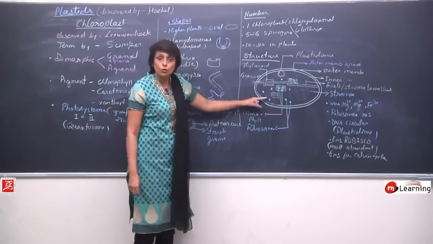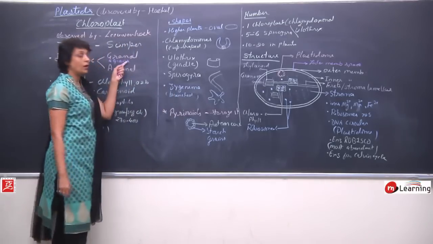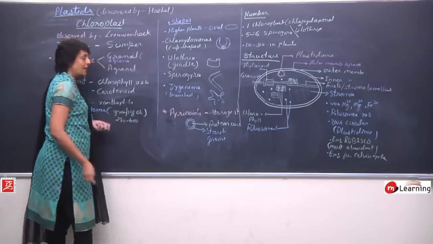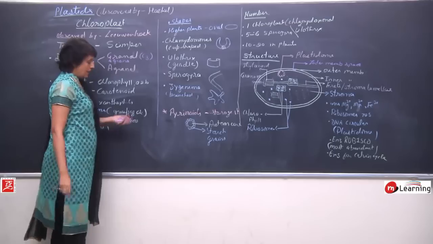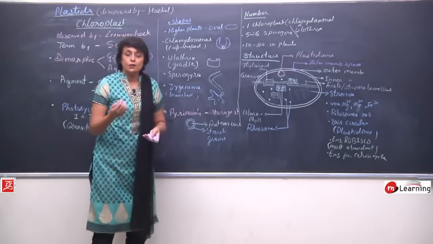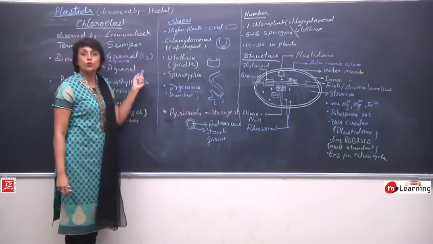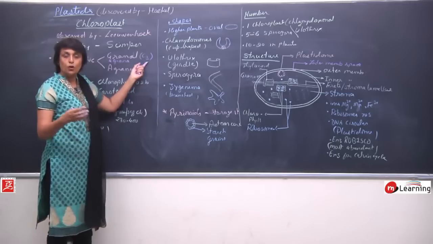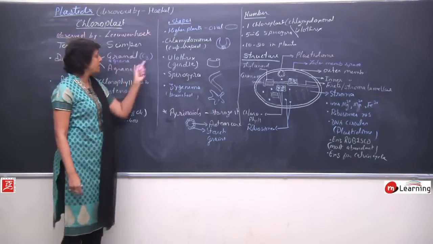So if in a chloroplast these kind of structures are present, then it will be called granule chloroplast. These granule chloroplasts are present in C3 plants. C3 plants and C4 plants are discussed during the chapter of photosynthesis. C3 plants are performing the normal photosynthesis, this is very, very helpful.